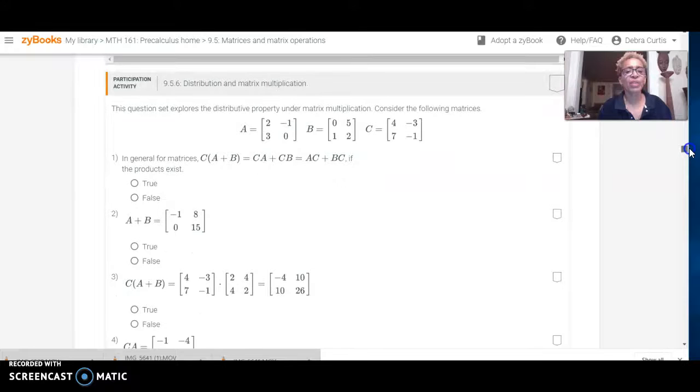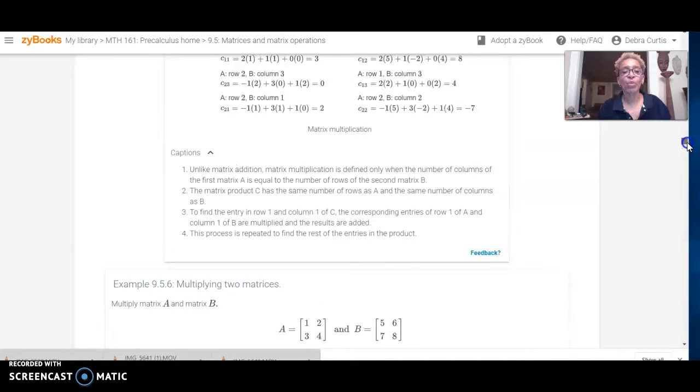So here it says distribution and matrix multiplication. So in general, for these matrices, here's just one example. Can you take a matrix on the outside and multiply it to each one, and does the distributive law hold? They have the explanation above to tell you whether or not that is true. It may be true. Let's take a look at the rules.